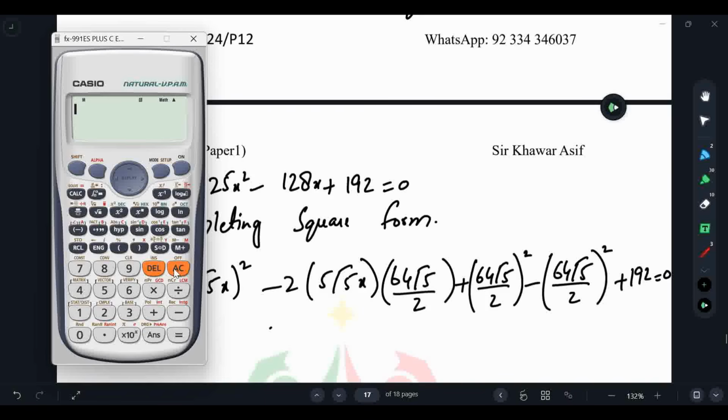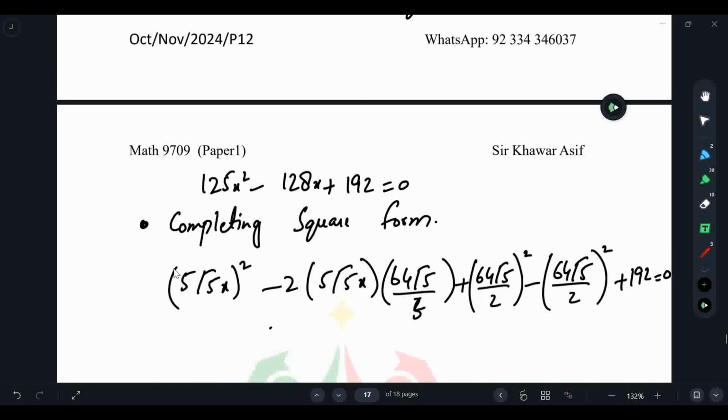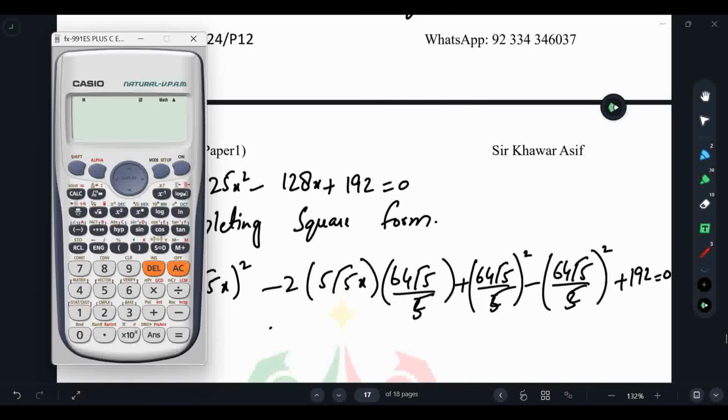Okay, we cannot use this one then. We have to write 5 over here, so we can cancel out these two. Okay, let me check it now. 2 multiplied by 5 square root of 5 multiplied by fraction 64 square root of 5 divided by 5.